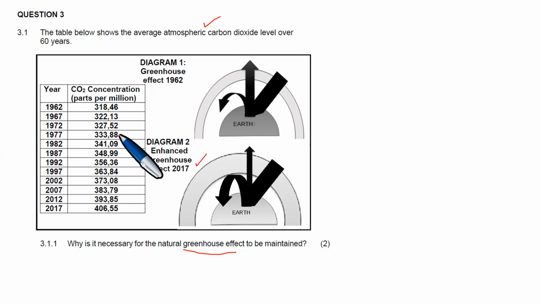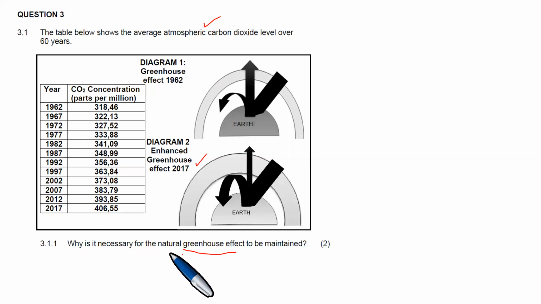Next question. What is happening here? We can see that in 2017, the concentration has increased to 406.55 parts per million. In 1962, it was only 318.46 parts per million.